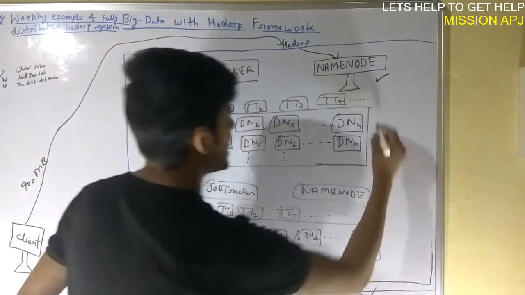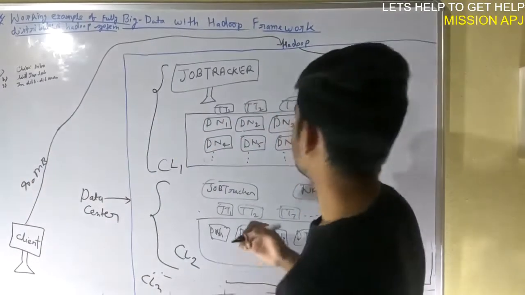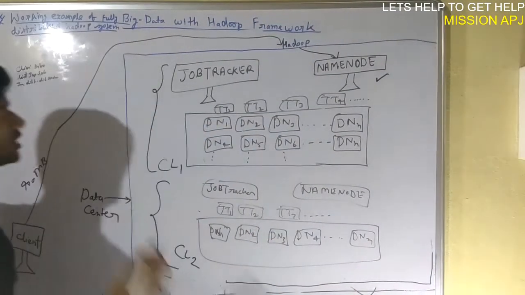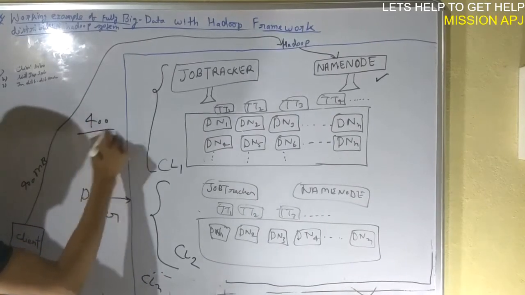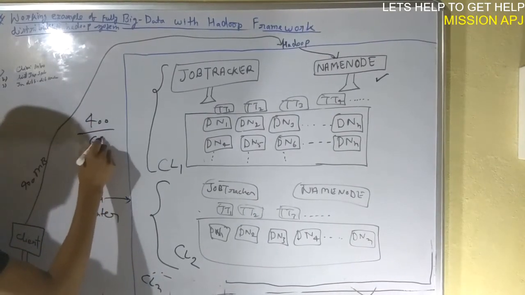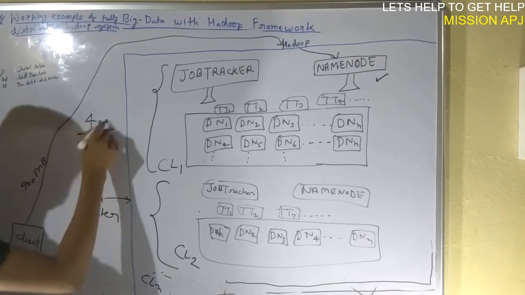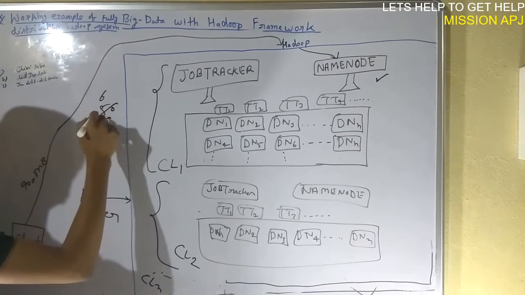Now when block size is 64 MB, how many blocks will be generated? Each block is 64 MB. So 6 times 8 are 48.